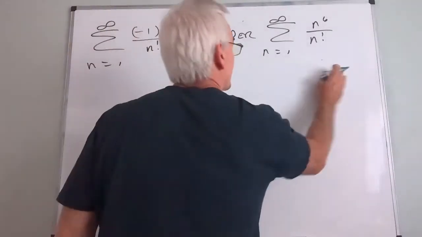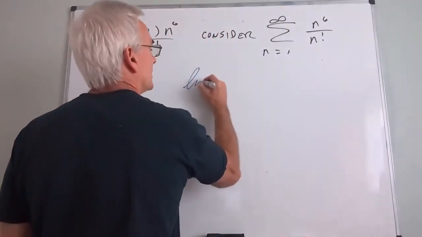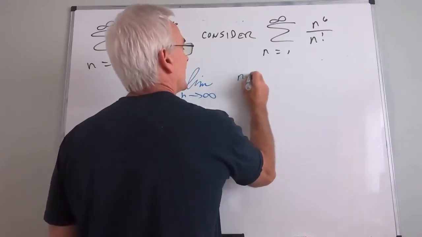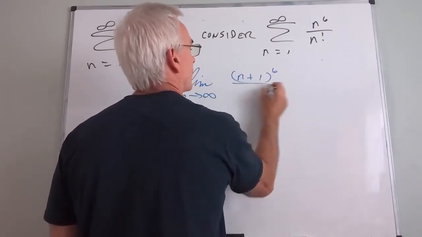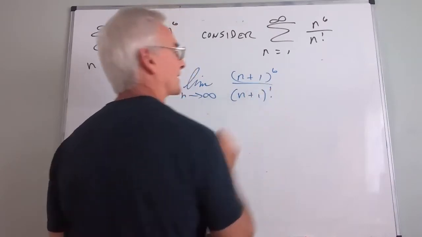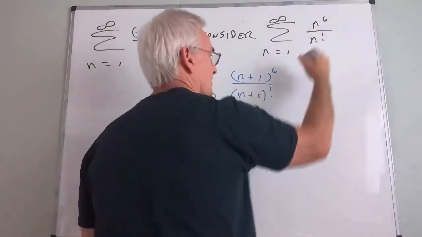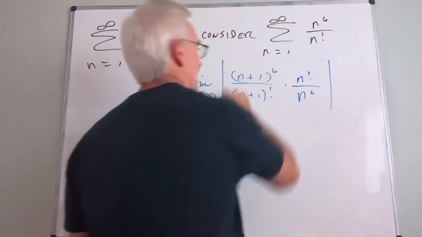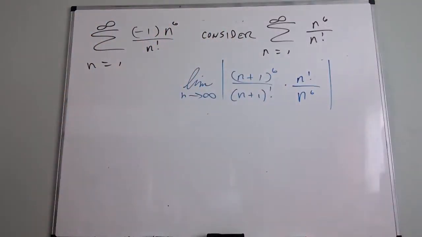So I'm going to use a ratio test. We're going to take the limit as n goes to infinity of (n plus 1) to the 6th power over (n plus 1) factorial, divided by this quantity, so I'll say times the reciprocal. Everything's an absolute value, but since none of those can be negative, I can drop the absolute value in the next step.